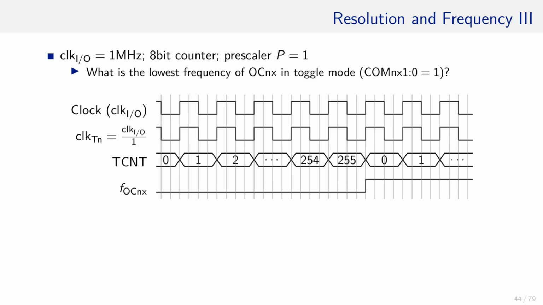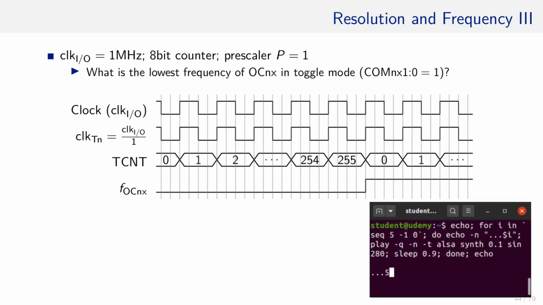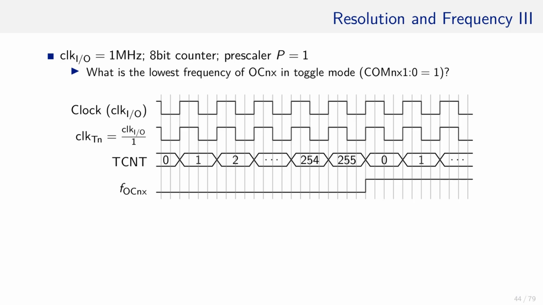Another question: what is the lowest frequency that we can do on this pin with the given parameters? For that, we have to set OCR to the highest possible value. What is the frequency now? Okay, this time we want to maximize the entire period of this signal, which goes far beyond the screen here.